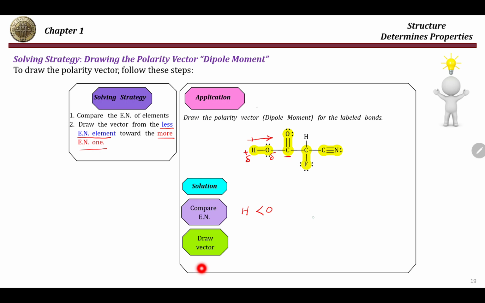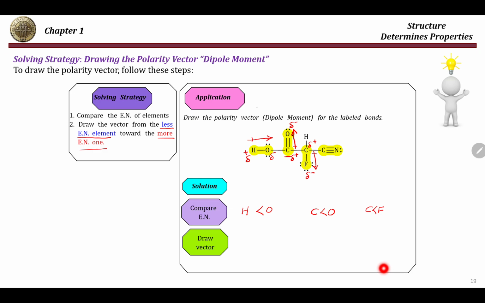Again, carbon and oxygen here. Carbon is less electronegative than oxygen, so the polarity vector will move from carbon to oxygen. This is partially positive, this is partially negative. Carbon-fluorine bond: carbon is less electronegative than fluorine, so the polarity vector will be from carbon to fluorine. This is delta minus, this is delta plus.